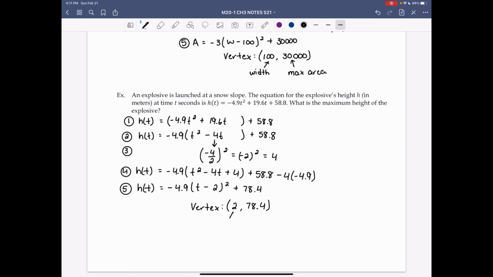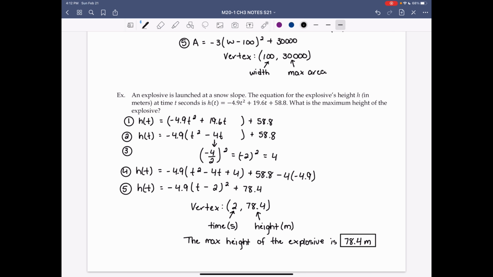So this is t, time in seconds, and this is our height in meters. What is the maximum height of the explosive? So we can answer the question. The max height of the explosive is 78.4 meters. That's the answer to the question.